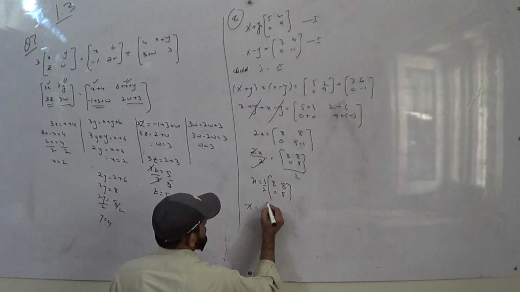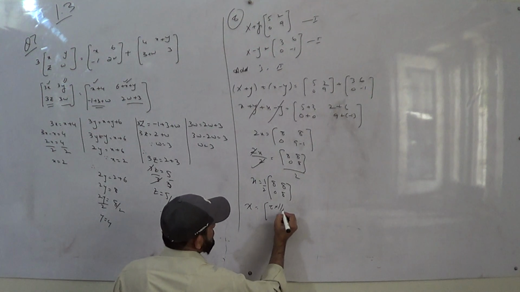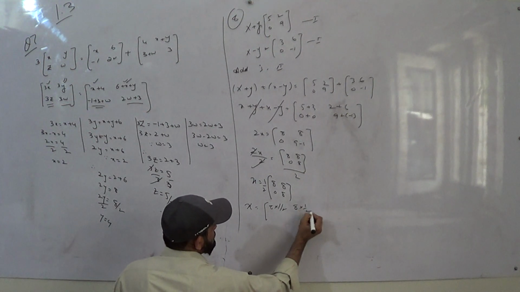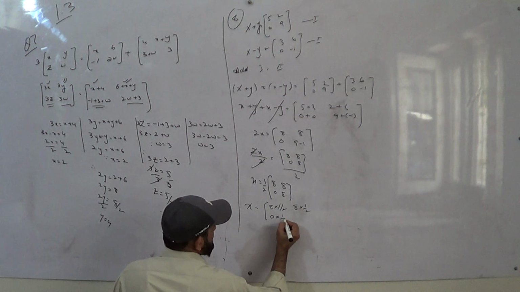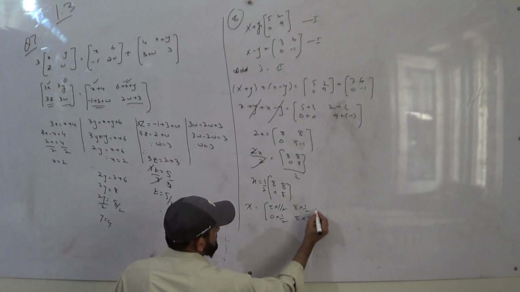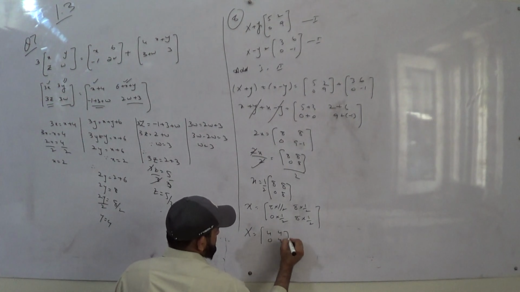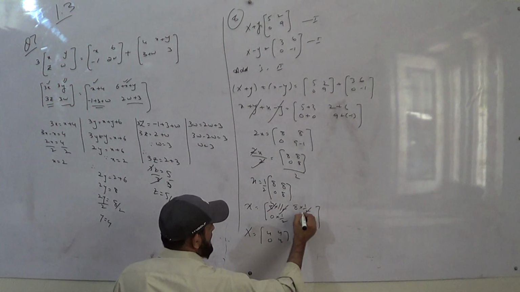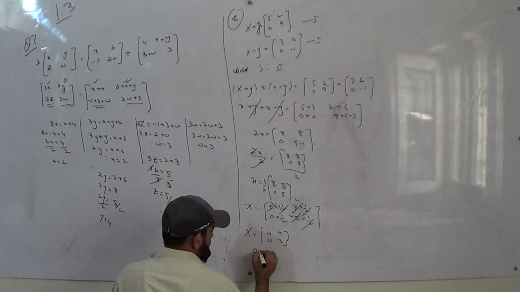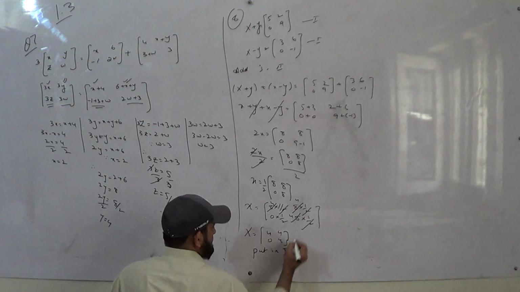X is equal to 8 into 1 by 2, 8 into 1 by 2, 0 into 1 by 2, 8 into 1 by 2. We get x is equal to [4 4; 0 4]. Now put this in equation 1.